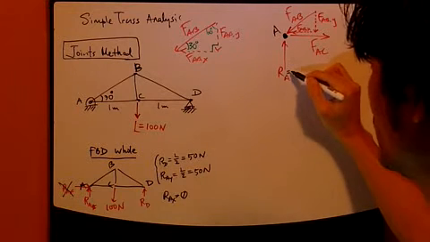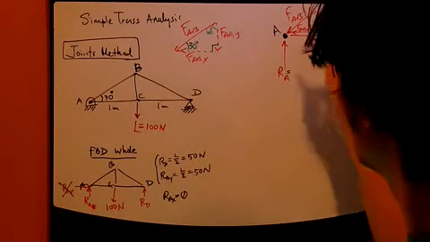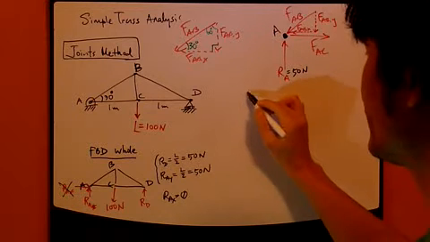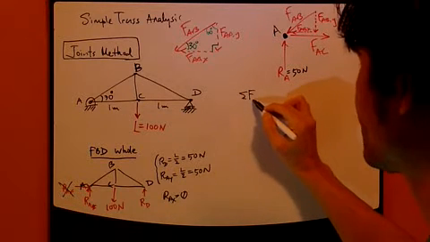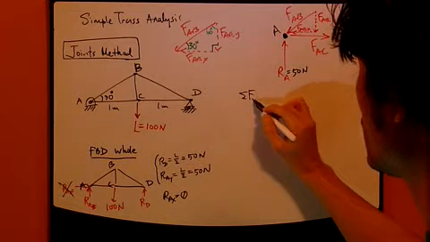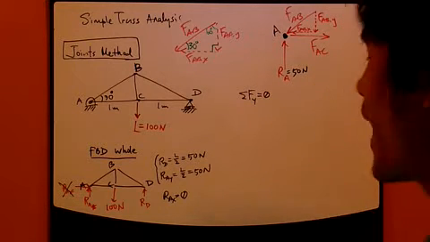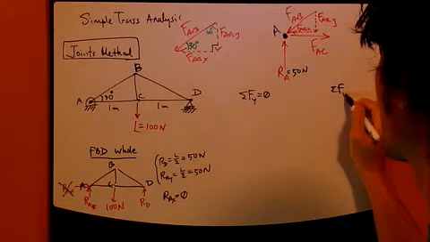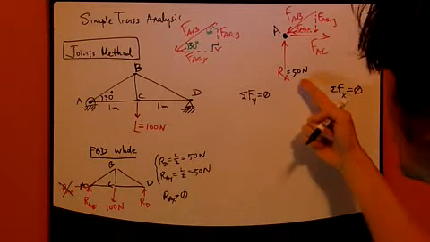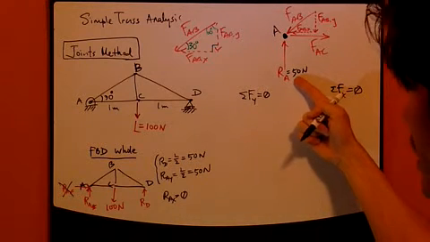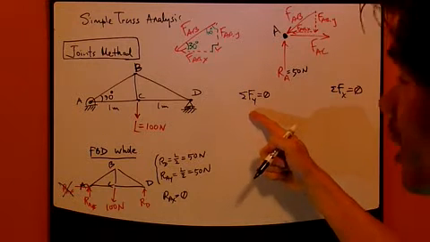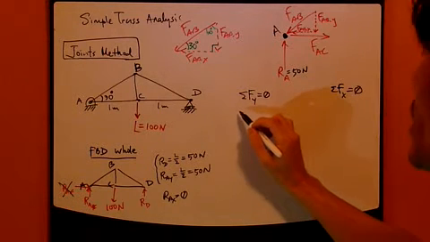RA, I know, is 50 Newton. So, go ahead and apply the equation. I'm going to use the Y component first, because I know RA, that's a known quantity. RA is in the Y direction, so it's more convenient if I start out with the Y equation.